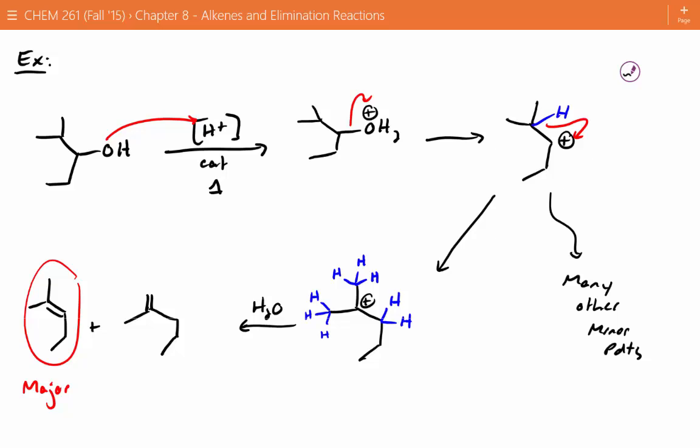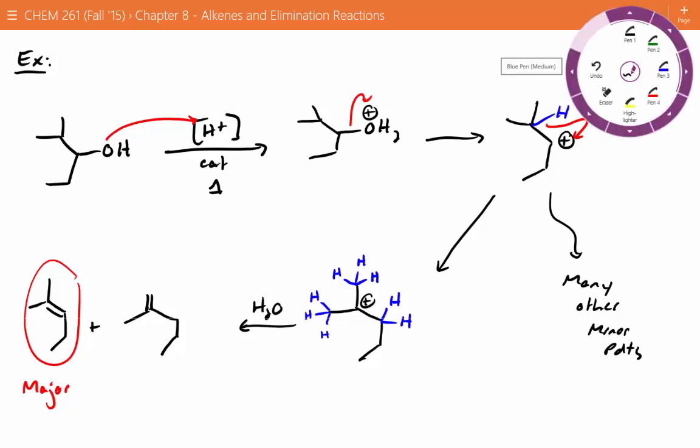All right, one thing to note, too, with these E1 reactions is you notice how in each case I used acid and heat. Acid and heat on a secondary carbon is a big giveaway that it's an E1 reaction. So let's write that down as a trick.